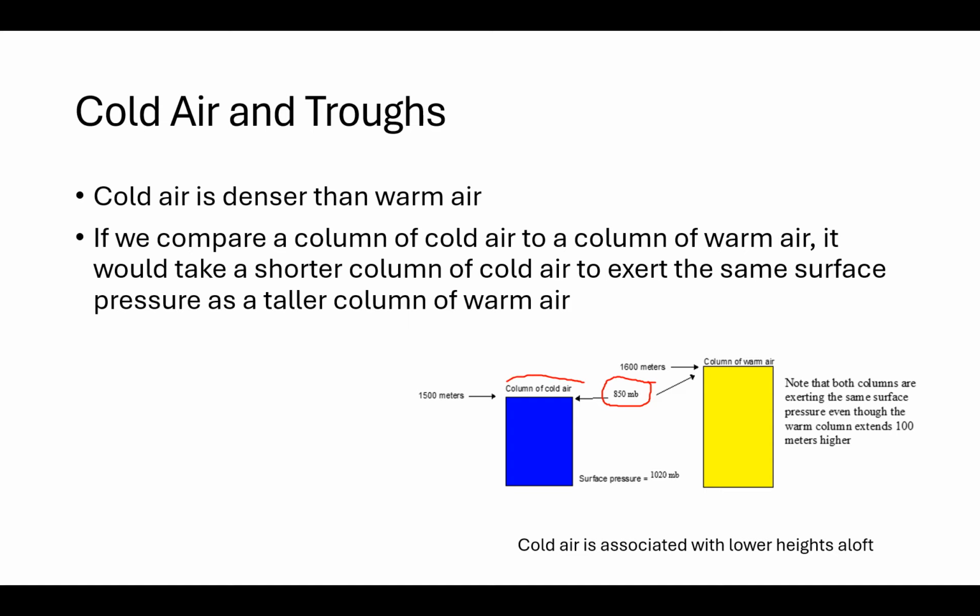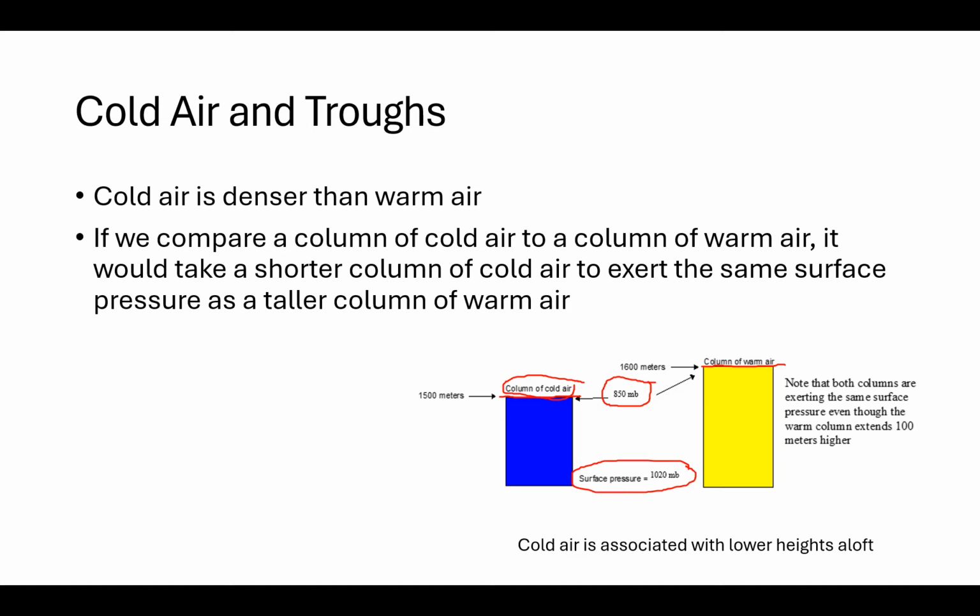Well, the column of colder air, this blue block, is going to be much shorter compared to the column of warmer air. And by the way, the tops of these columns represent the 850 millibar pressure level, that constant pressure surface. So you can clearly see that with colder air, it would take a shorter column to exert the same surface pressure as a taller column of warm air. The surface pressure in both columns is 1020 millibars.